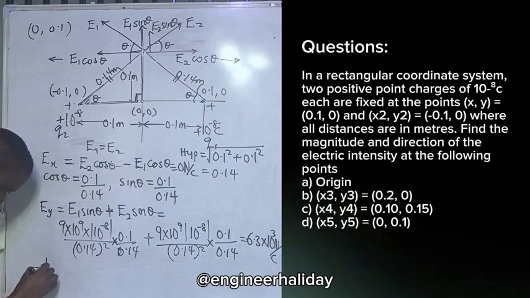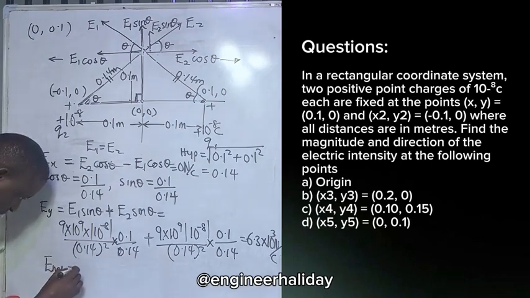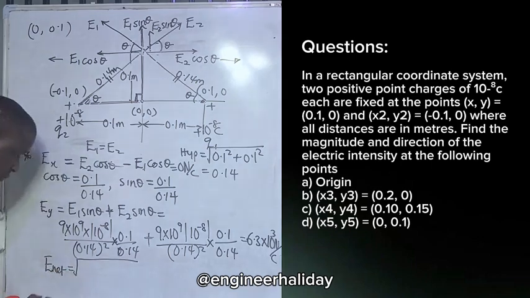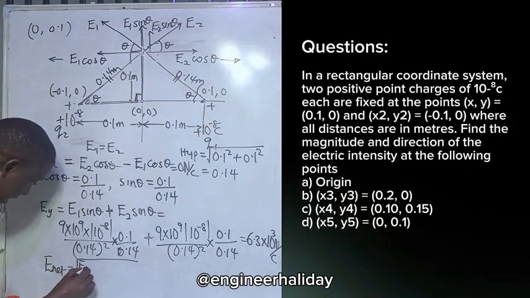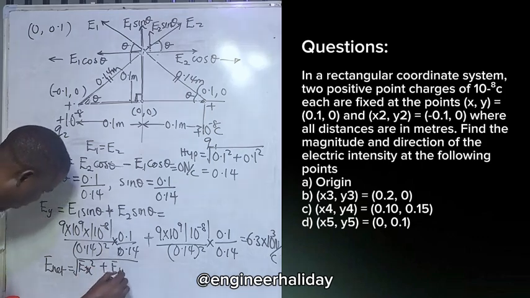What we are going to do now is E net will now be what? Square root of EX square plus EY square.